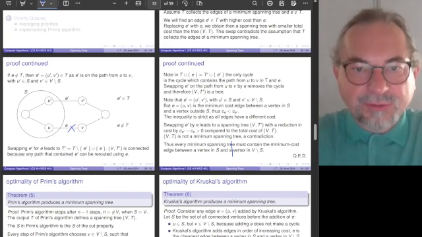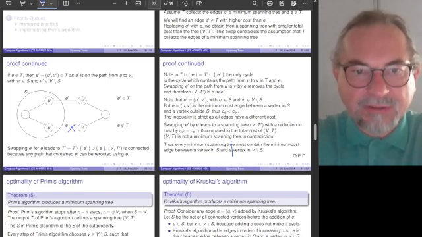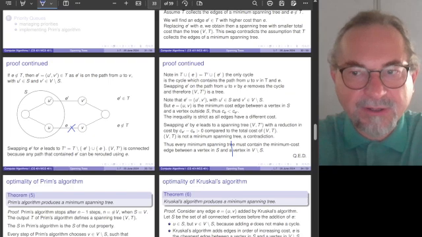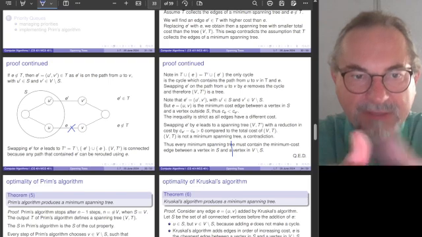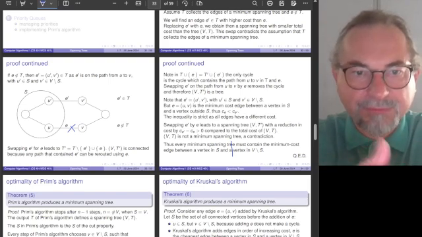Swapping removes the cycle, and therefore this T prime that does not contain E is actually a tree. Now we look at the costs. E is actually the minimum cost between a vertex V not in the set S and a vertex in the set S. So it's very strict.